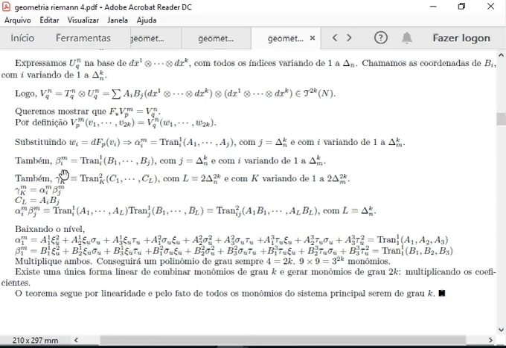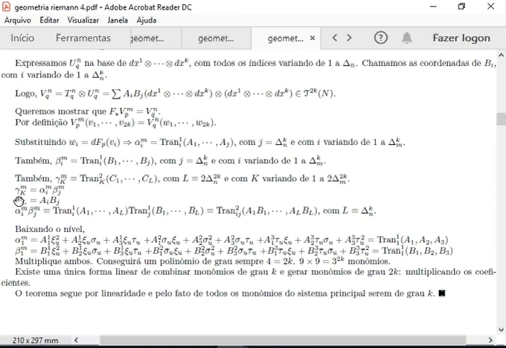Also, beta AM is the same transformation at B1 BJ, and also gamma KM is another transformation K2 from C1 to CL with L equals 2 delta n power 2k.